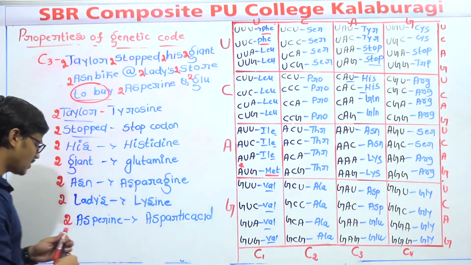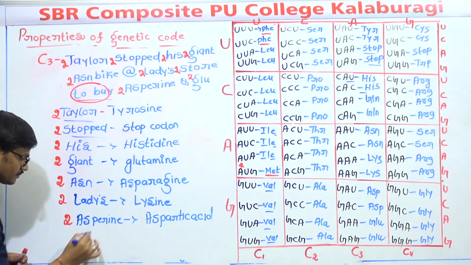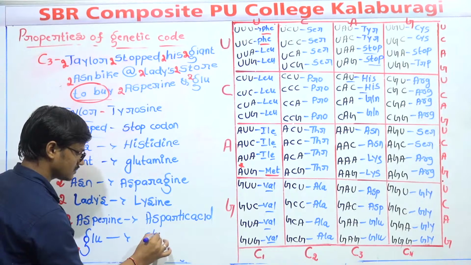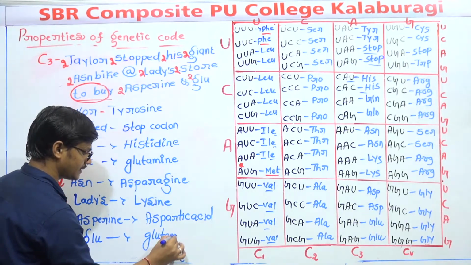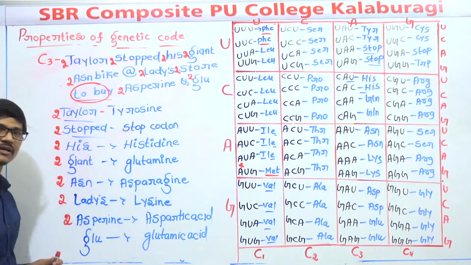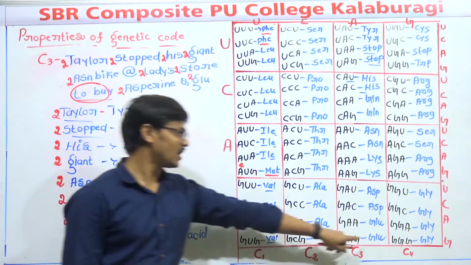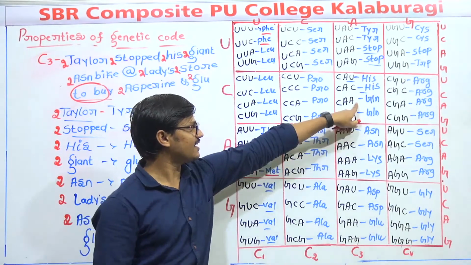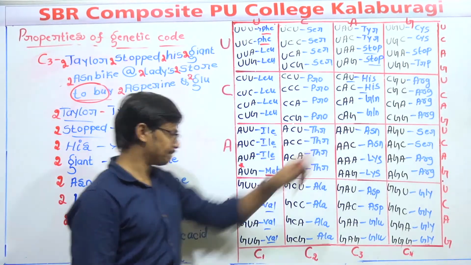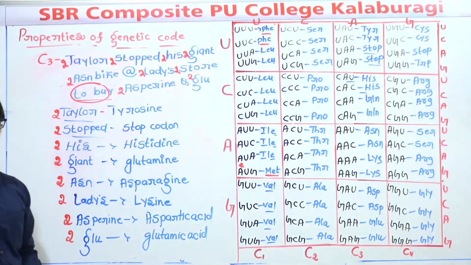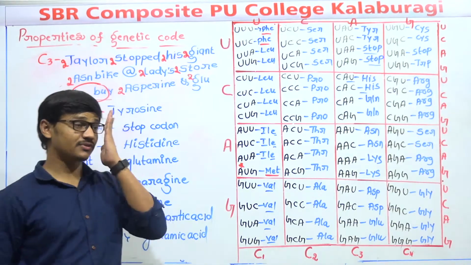What is the meaning of glue? It is glutamic acid. GLU stands for glutamic acid. Don't be confused: GLU, glutamic acid, and GLN, glutamine. So this is all about the amino acids in the third column of the genetic code.